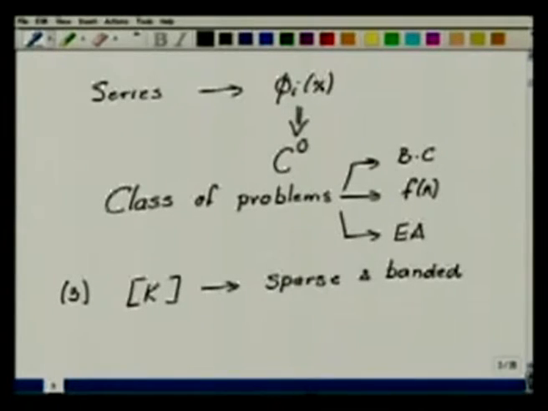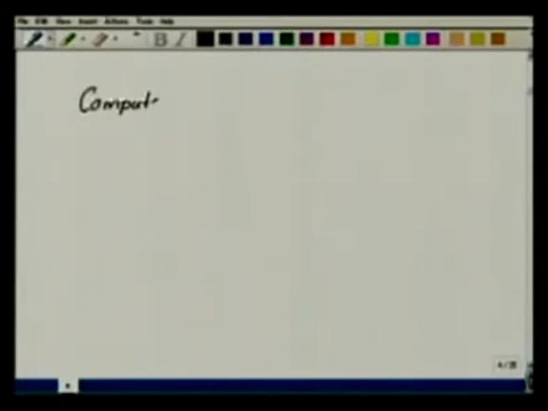So armed with this, today let us go further and see how do we go and do everything from a computer based orientation. Because finally we are not going to solve this problem by hand. We would like to write a computer program which can give us the answer to this problem.